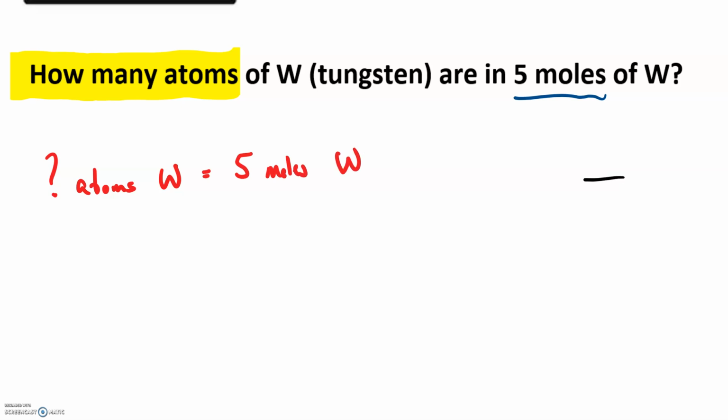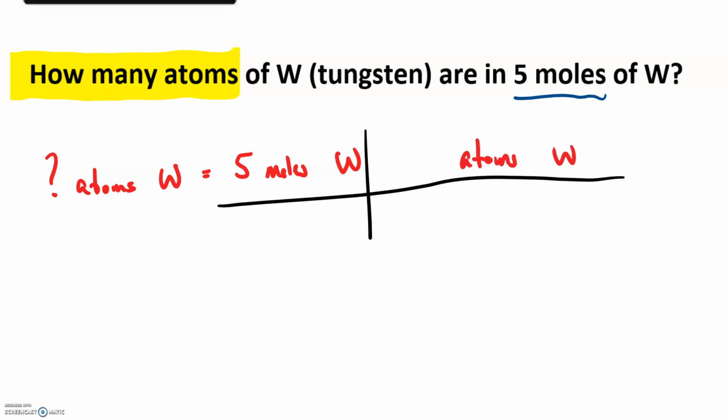And this is where our conversion factor comes in. Remember that what we want goes on the top. What we have goes on the bottom. In this case, we know that the equivalent is 6.02 times 10 to the 23rd atoms anytime we have a mole.